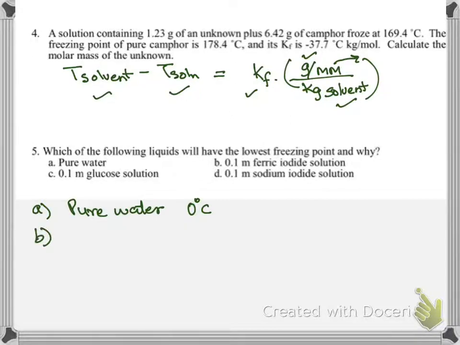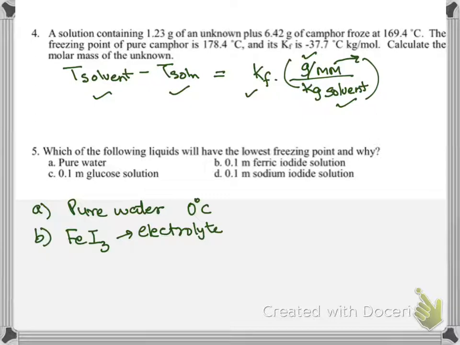Look at B. In B, you are adding 0.1 molar ferric iodide solution. Ferric iodide is an electrolyte. Why? Because it's an ionic compound, and ionic compounds break down into ions.